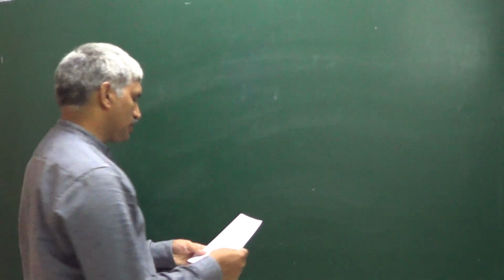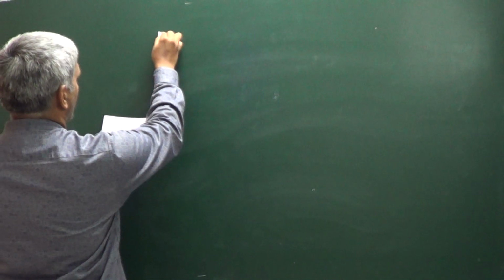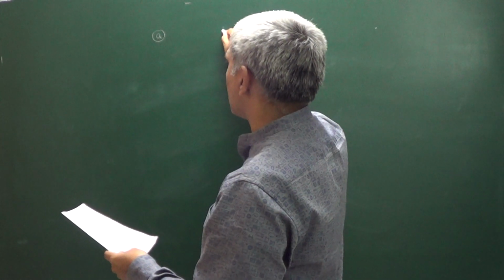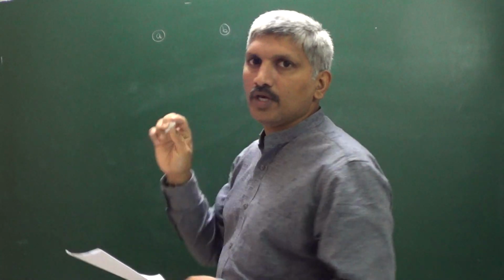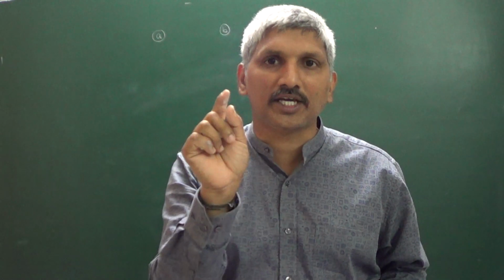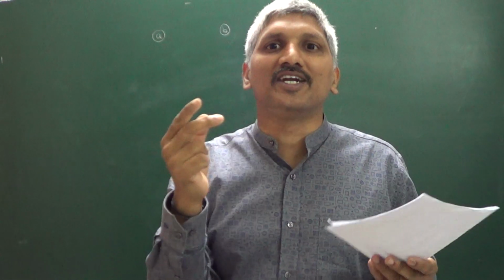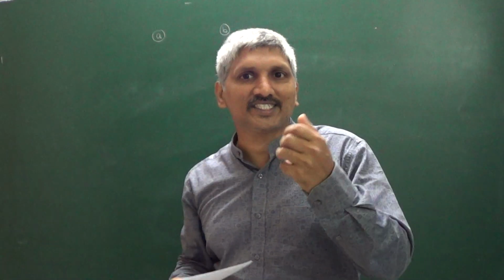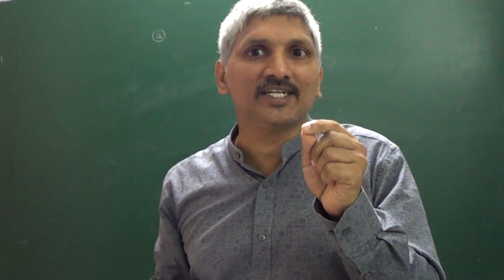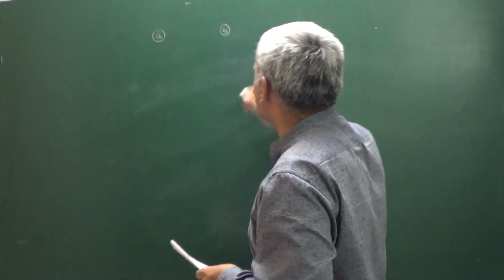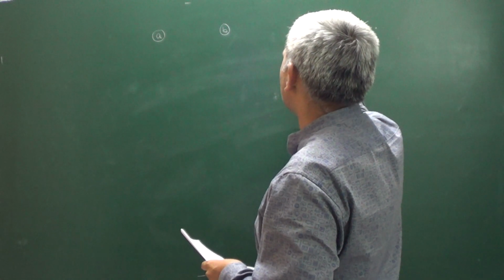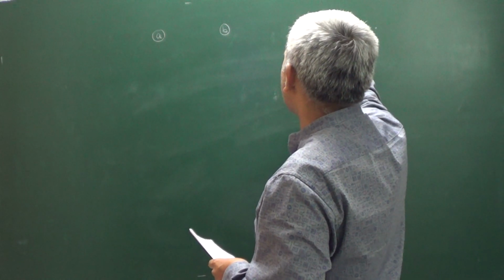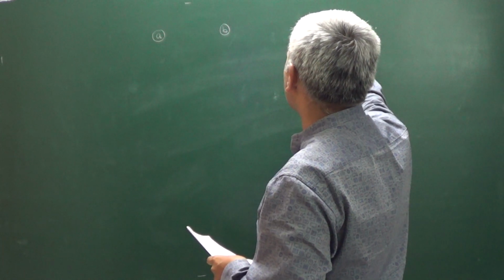So one more question is given. A variable straight line has x-intercept A and y-intercept B. Then the line equation is x by A plus y by B is equal to 1.